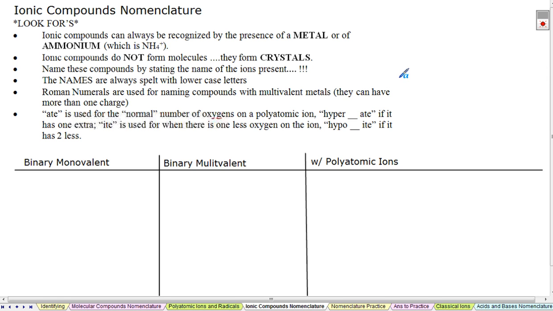And what we do is we name the compounds by stating the name of the ions that are present. Again, always in lowercase. We're going to start with really simple ones here, like a binary monovalent compound. So let's go through that. What does that mean? Well, say I've got NaCl. Na is sodium. Whenever we name the metal, we don't change any part of the name. However, when we name the nonmetal, we do put an ending on it.